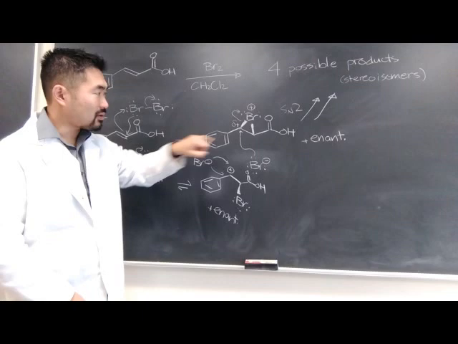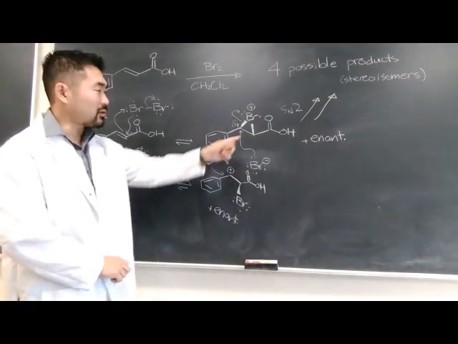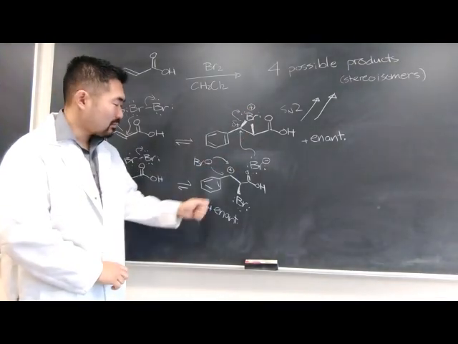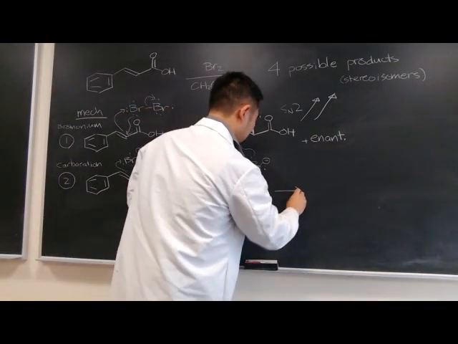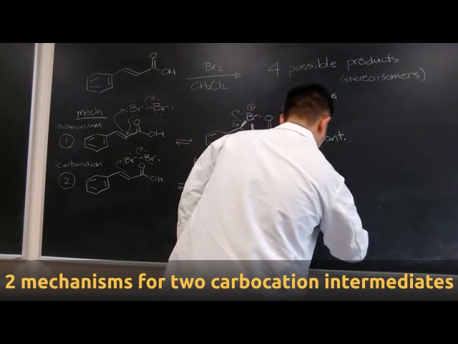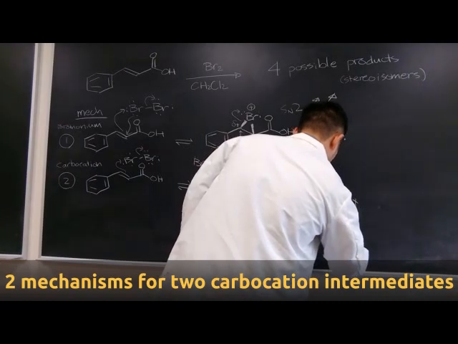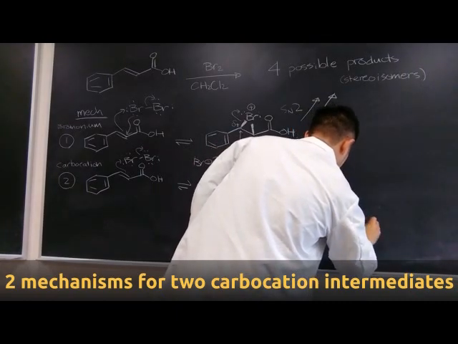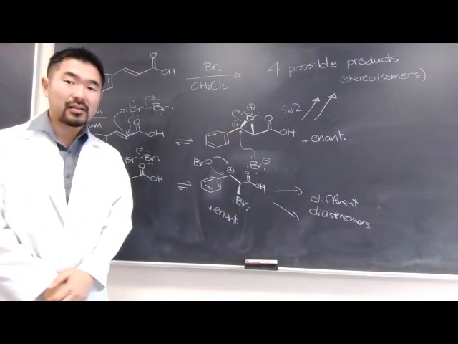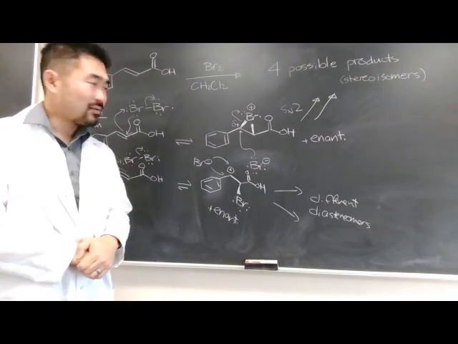So for that reason, you end up with only one particular stereoisomer product for one pathway. But here you could end up with different diastereomers as the potential products here. And so that is the difference.